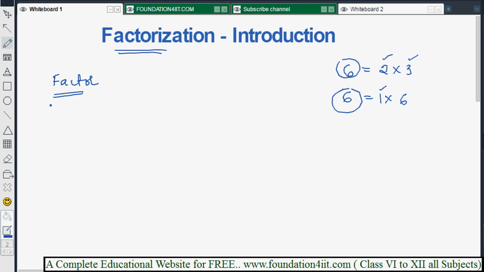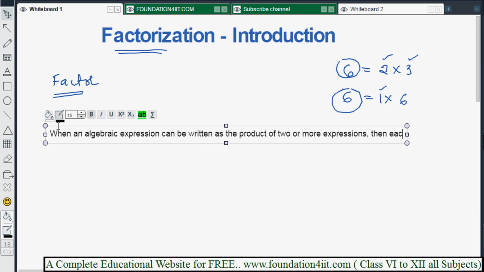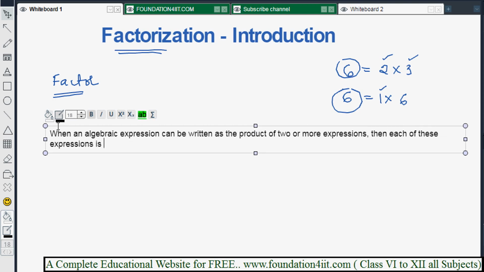When an algebraic expression can be written as the product of two or more expressions, then each of these expressions is called a factor of the given expression. So this is the definition we can make.